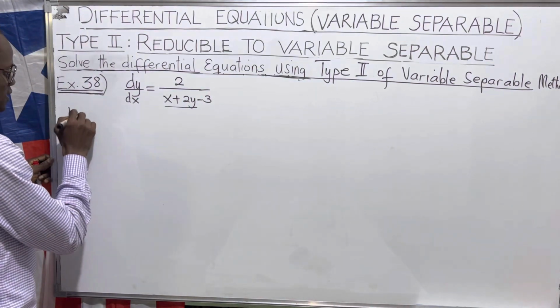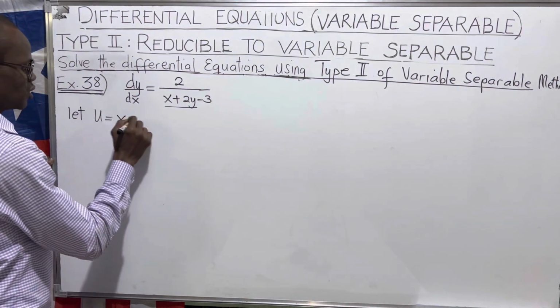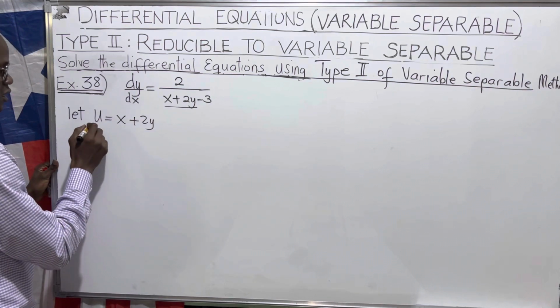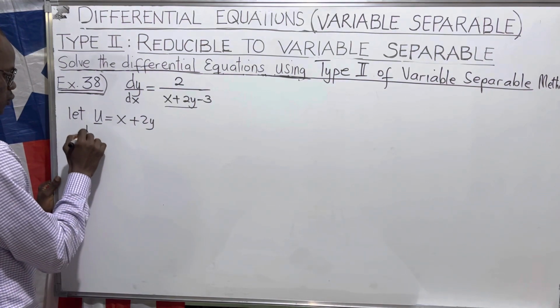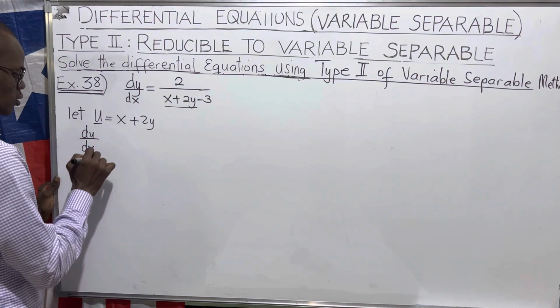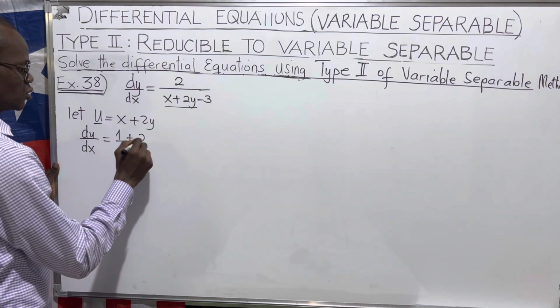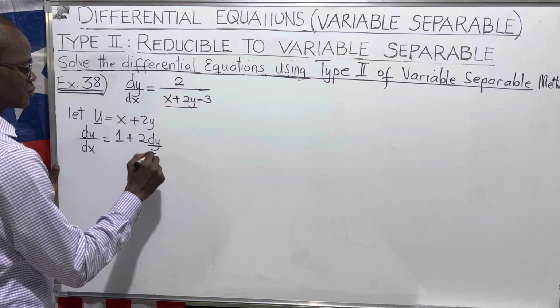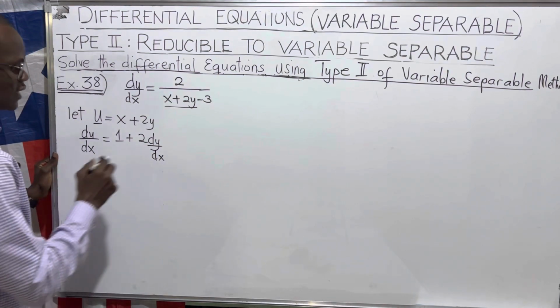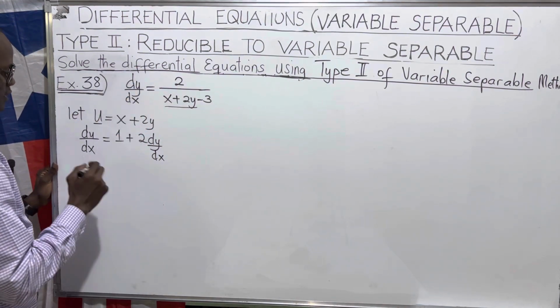So we will say let u equals x plus 2y. Differentiate u with respect to x. We have du over dx is equal to 1 plus 2 dy by dx. So what do we do next? We solve for dy by dx.